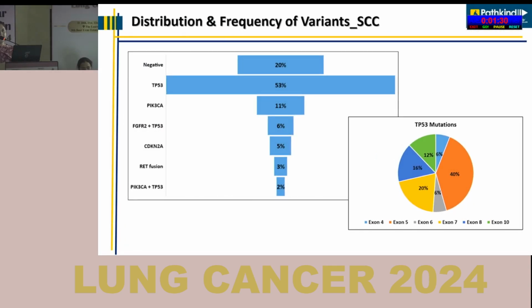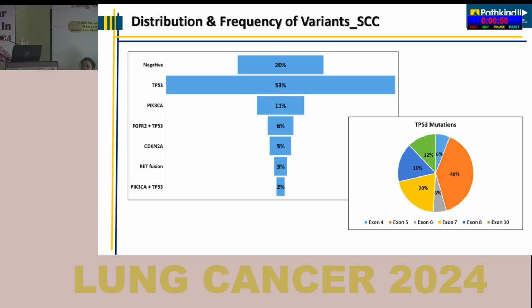For squamous cell carcinoma, the highest percentage of variants were seen in the TP53 gene, followed by PIK3 and FGFR2 along with TP53. In TP53, which was the highest one here, the maximum number of mutations, which primarily were single nucleotide variants, were seen in exon 5 and exon 7.